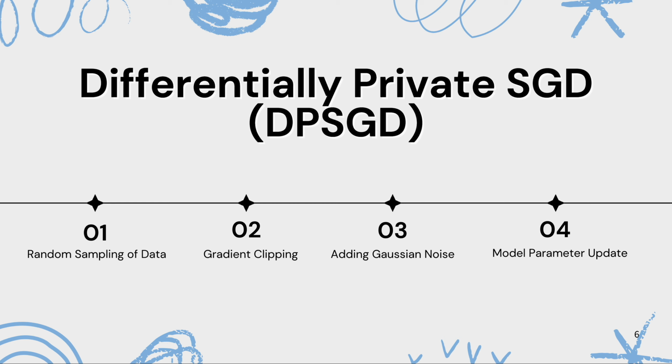The core idea of these papers' methods is training a model by minimizing the empirical loss function L of zeta, where zeta represents the model parameters. During each step of stochastic gradient descent, first, a random subset of data is selected, and second, for each example, the gradient of the loss function with respect to zeta for input x is computed.